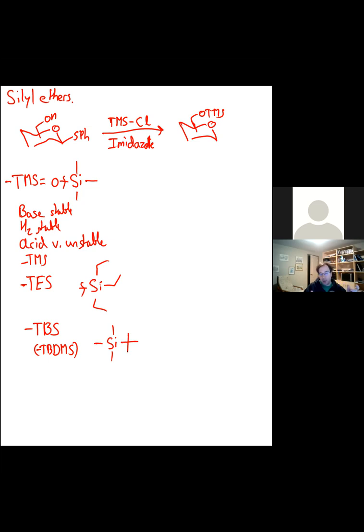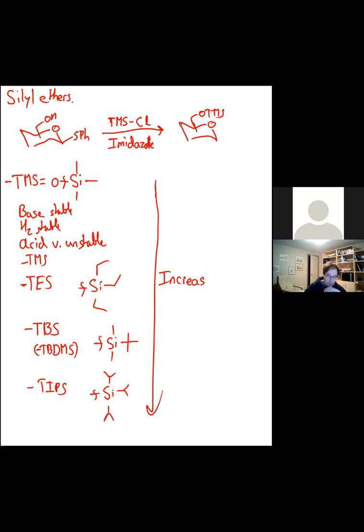Now we've added more steric hindrance. It's more acid stable than TES, until we can get down to something like TIPS, which is triisopropyl silyl. This is in terms of increasing acid stability.